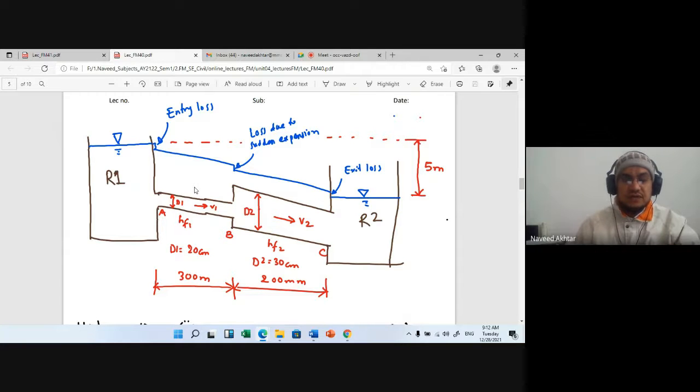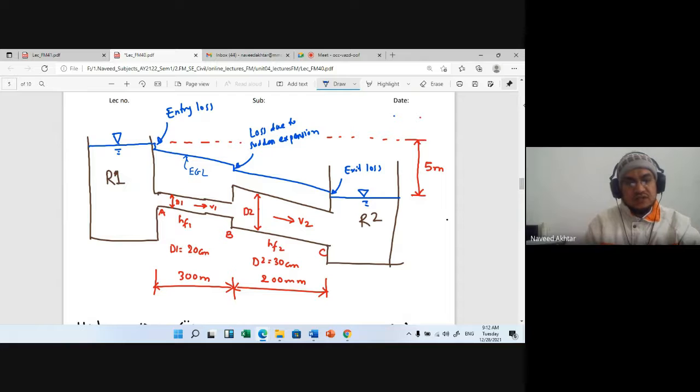So here, this pipe 1 has a length of 300 meter and diameter 20 centimeter. We are flowing with velocity v1, and so you have to draw the energy line. This is the line EGL, and EGL is reducing as your flow proceeds.